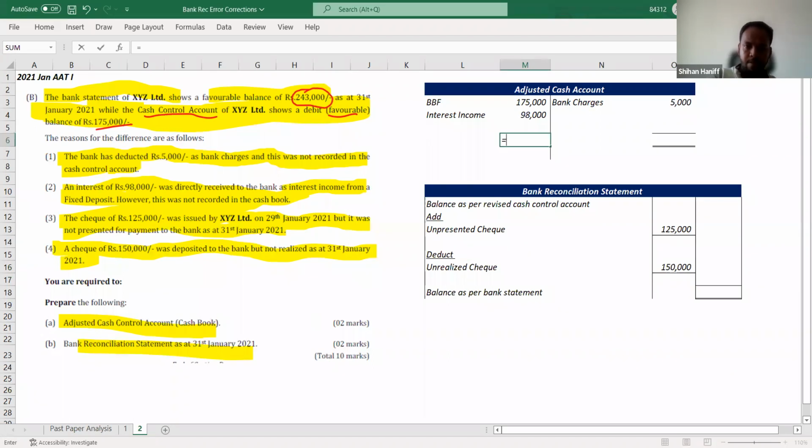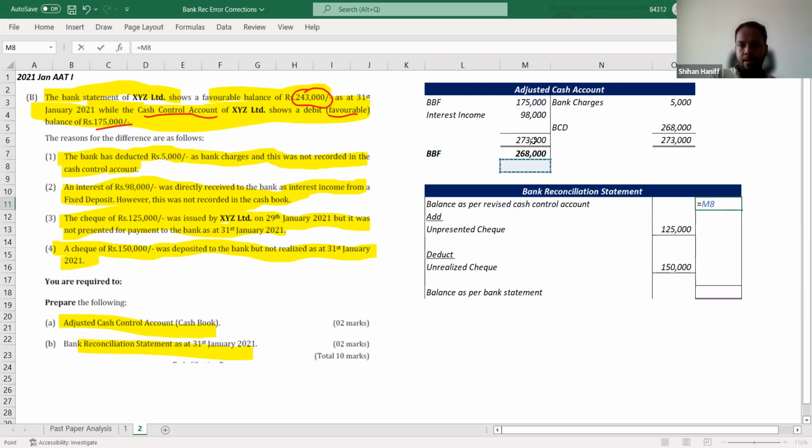The closing balances. 273, balance carried down. 268 is the adjusted cash book balance, or revised cash book balance.